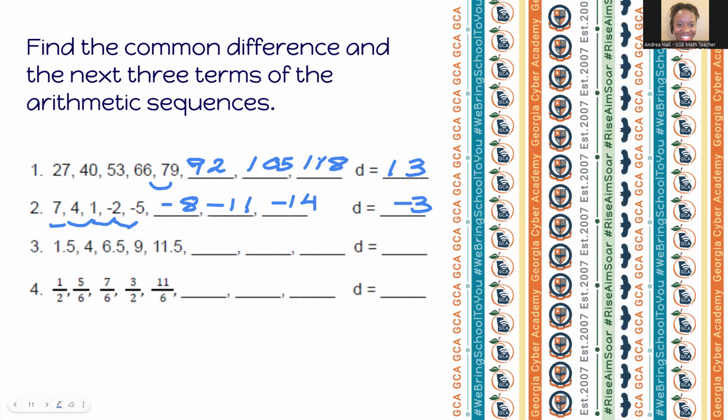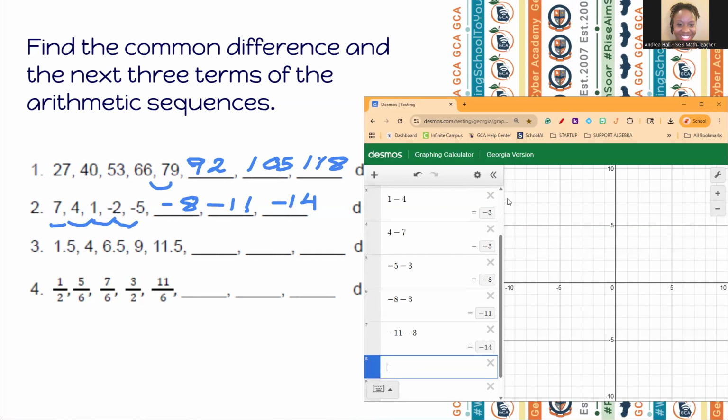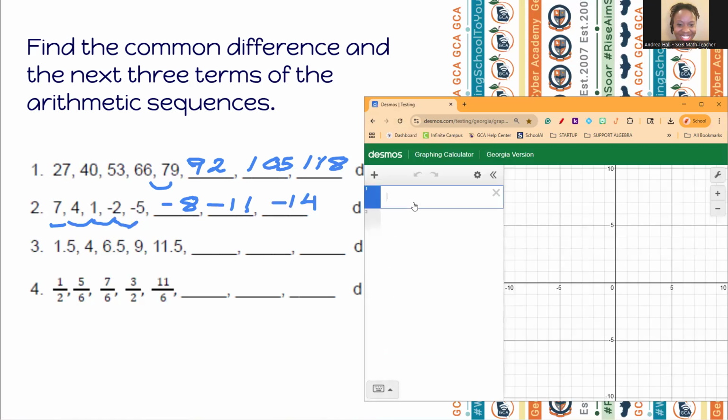All right, let's take a look at the next one. Oops, get my calculator. Clear it out. Might be easier to just do that. All right, so I'm going to say 11.5 minus 9.